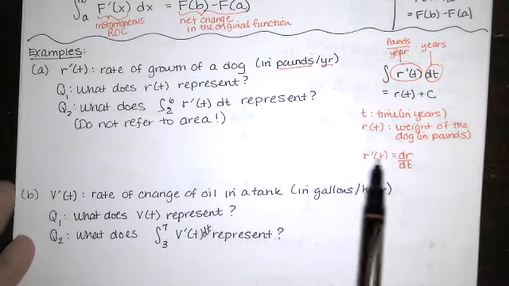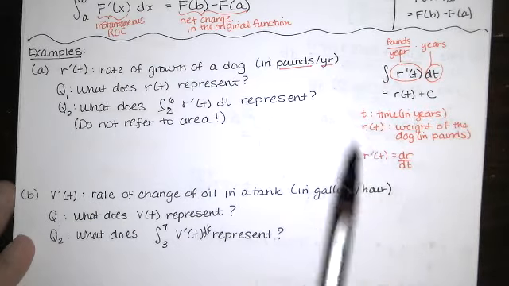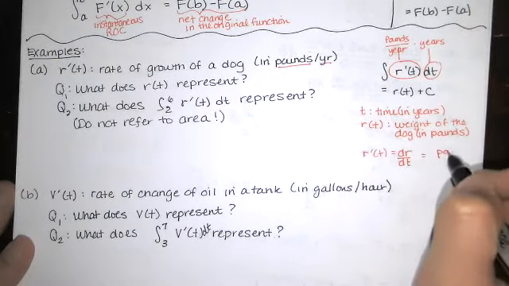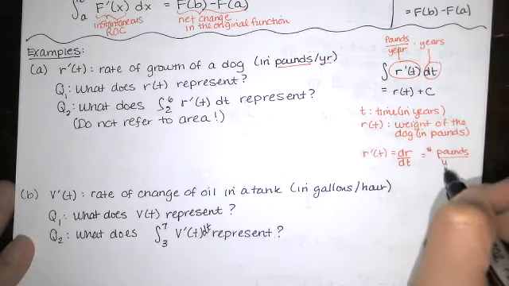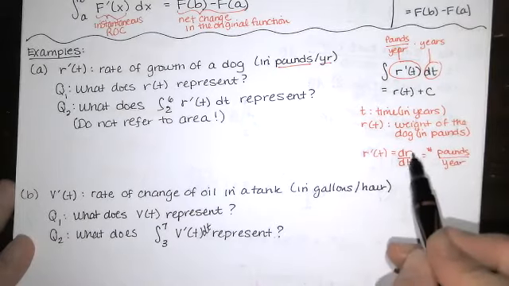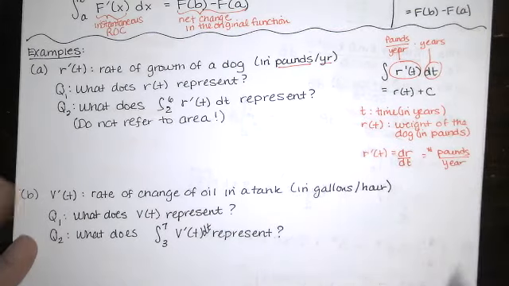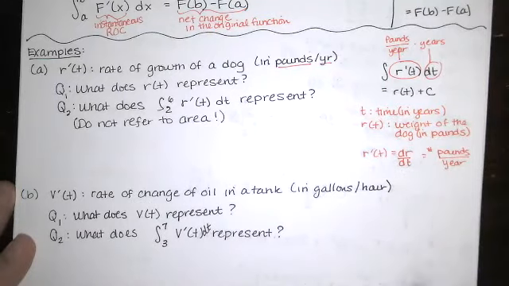So the units for r prime of t are always the units of r divided by the units of t. So when I see some number of pounds per year, that tells me the units for r must be pounds and the units for t must be in years. Okay, so what does r of t represent? It represents the weight of the dog in pounds.